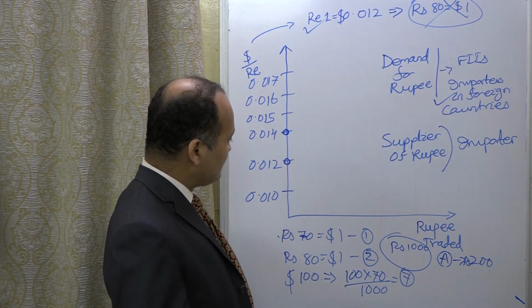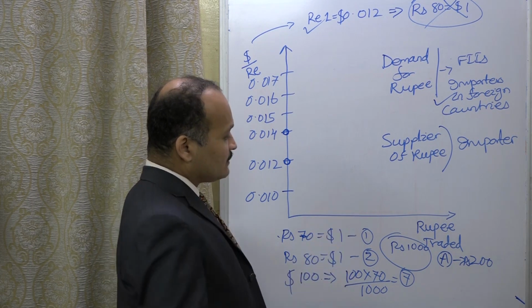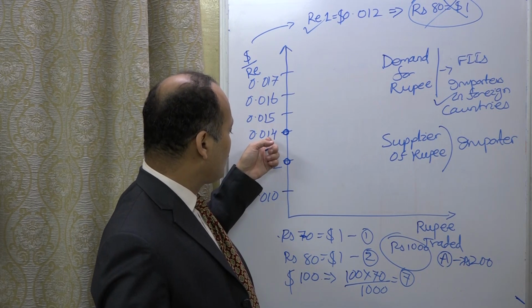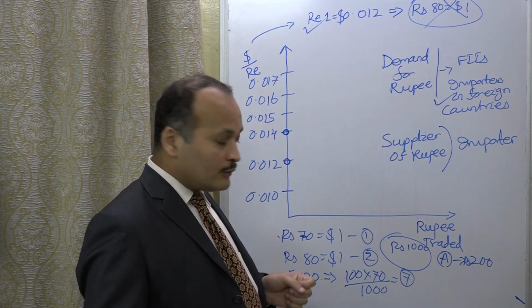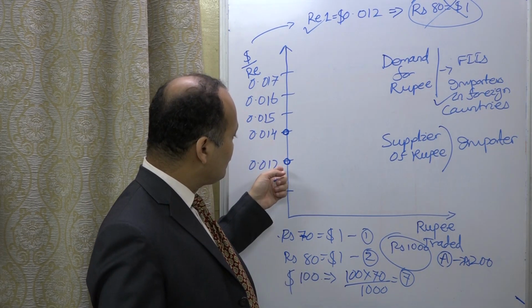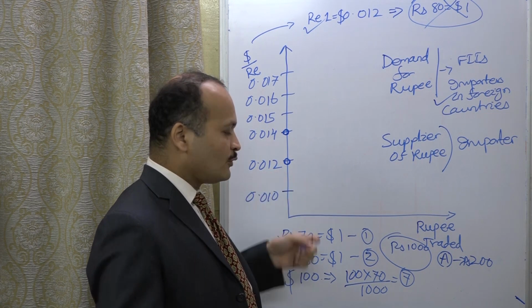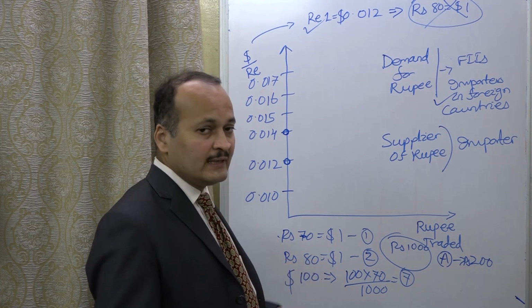So whatever the demand for rupee was at 0.014, now the demand for rupee will increase when the exchange rate is at 0.012 or at 80.